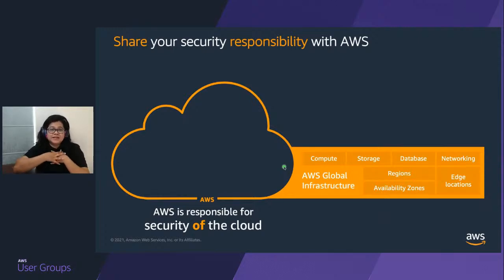Like I, as AWS, will take care of my data center security, the physical location security. I will also take care of the services that I'm providing. So I'm providing you EC2 and S3 and RDS. I will take care of securing the compute, the storage, the databases, the networking that I'm providing you, all the regions and availability zones. I take care of the security of that.